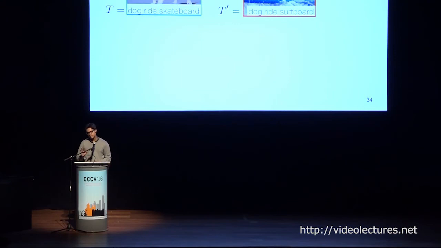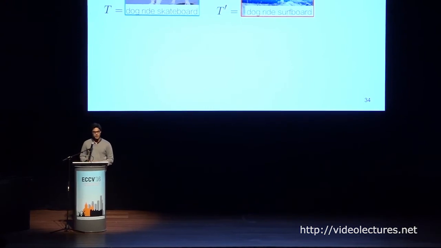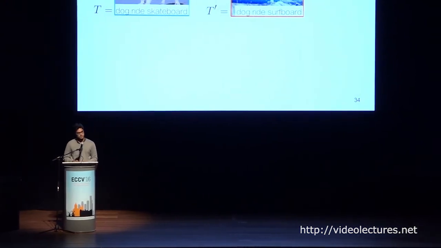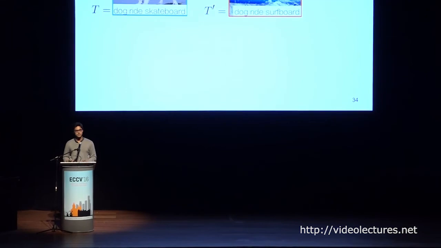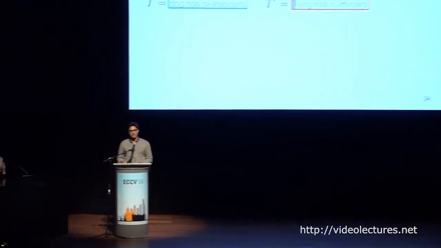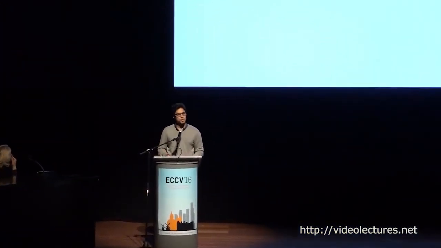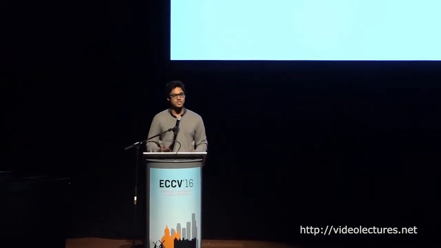Now recall that some relationship triples are very common, like dogs riding skateboards, and some are very rare, like dogs riding surfboards. But these two relationships should be equally likely because both a skateboard and a surfboard afford the relationship ride. So to train the language module, we define a function d that measures the distance between two relationship triples.